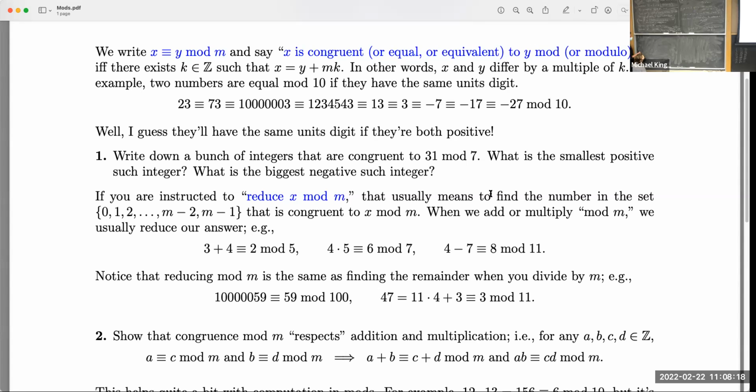So you could write down a bunch of numbers. Biggest negative is kind of awkward. I meant closest to 0. And you could keep increasing by 7 like they did.